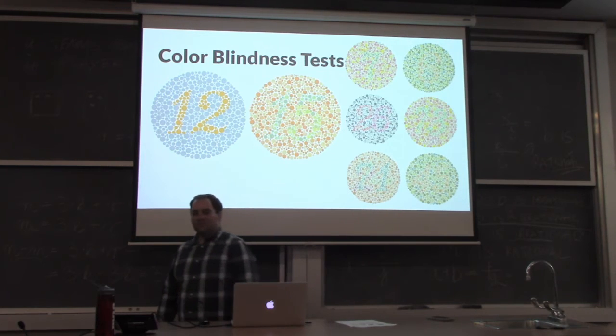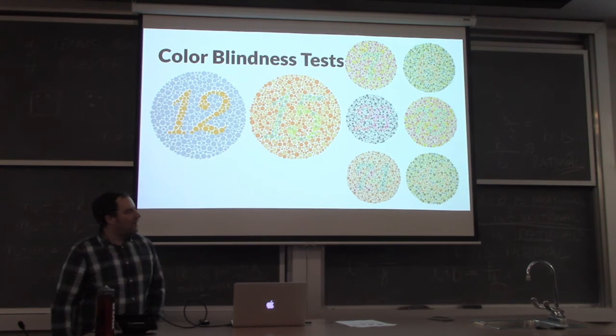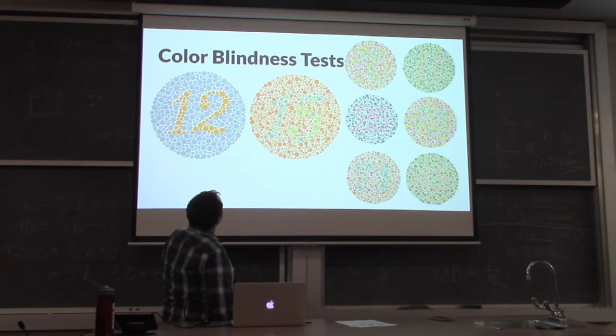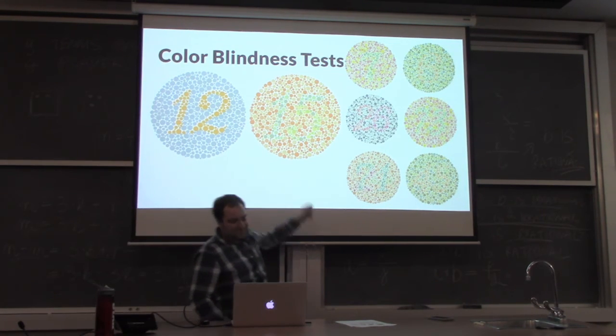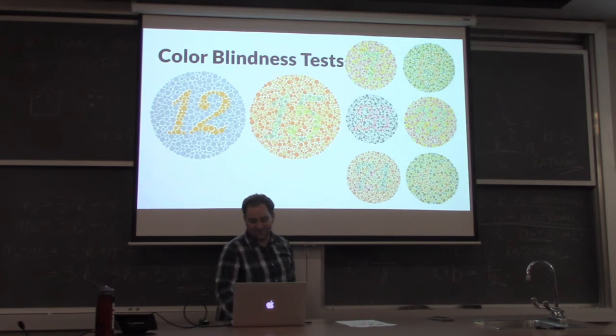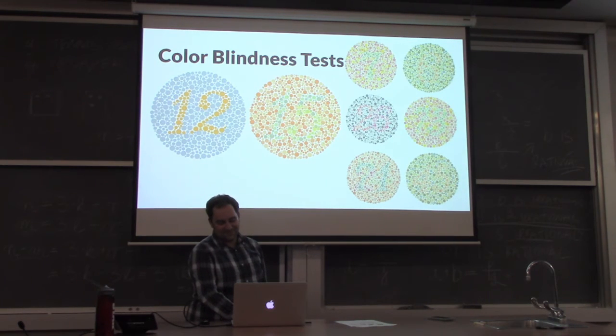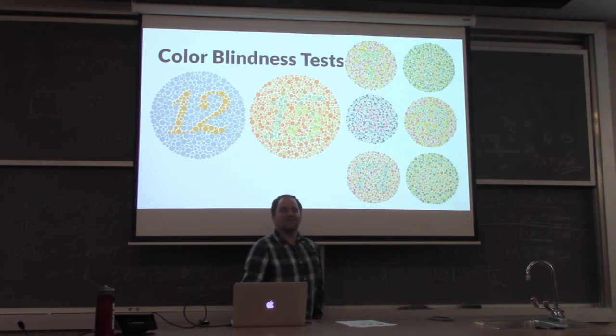You can test people for color blindness. So, if you don't mind, what's this number? Yep, 15. Okay, and then up here. 6, 26, 73, 27, 45, right? Anybody who cannot read everything?